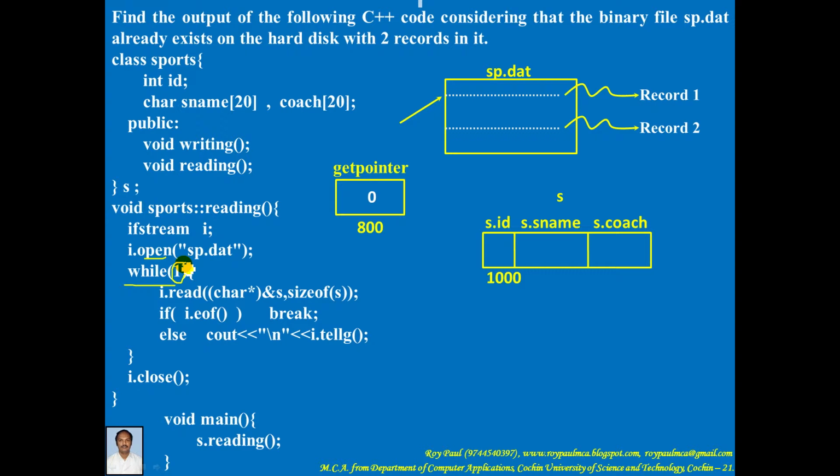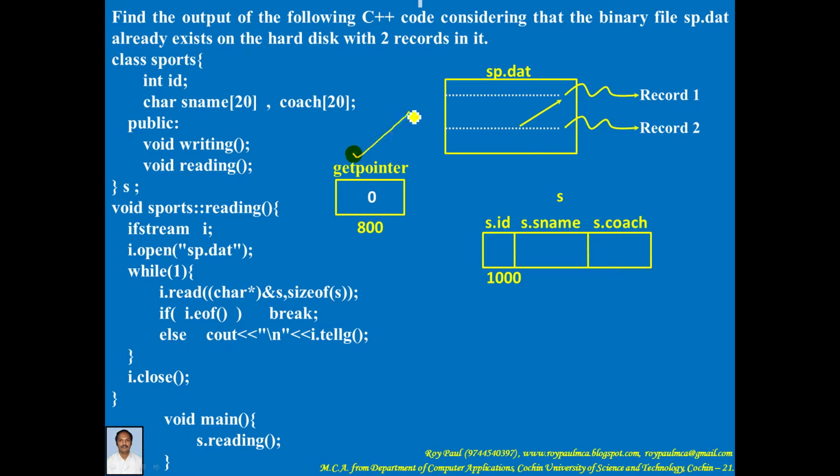Now after this control comes here. While 1 is an example of an infinite while loop. Control comes inside. The read function is used to read a record from the binary file. From the current file pointer position, it reads one record, record number 1, and it is stored in object S. After reading record number 1, the file pointer will be at the end of record number 1.